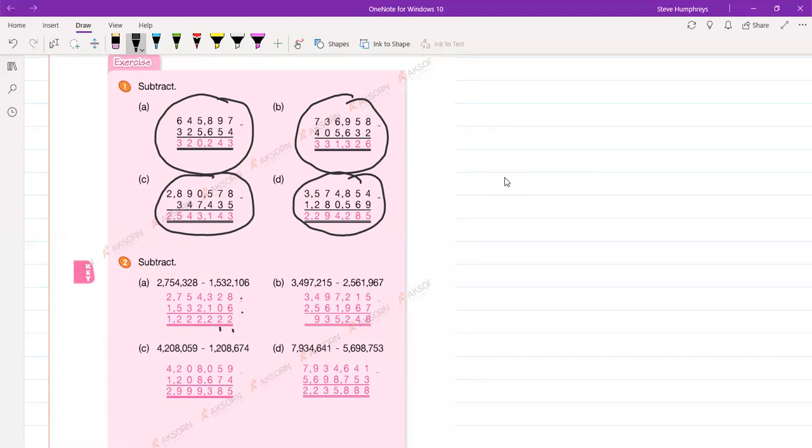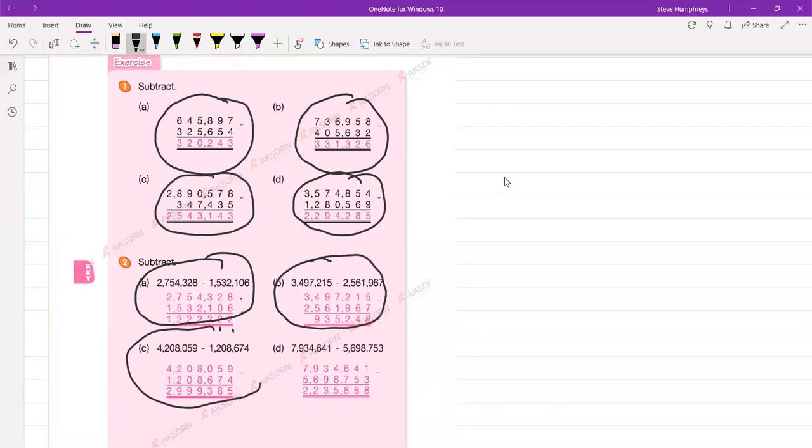Okay? So, do number 2, A, B, C, and D. Check your answers with the answers in the book. Okay, and number 3.